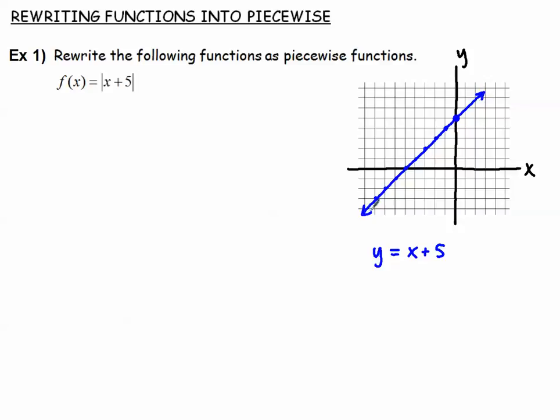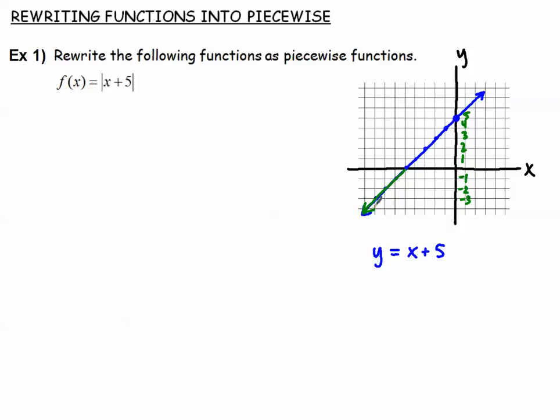Now, because the absolute value makes everything positive, the part that is in the negative region down here, all of these negative y values, see here, these are positive y values, 1, 2, 3, 4, 5. Down here, these are negative 1, negative 2, negative 3. These are all the negative parts down here. So this part of the graph right here is in the negative region.